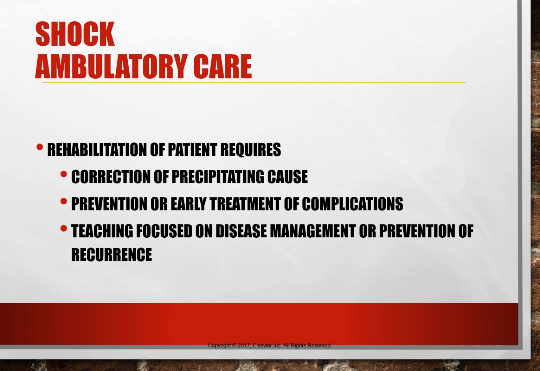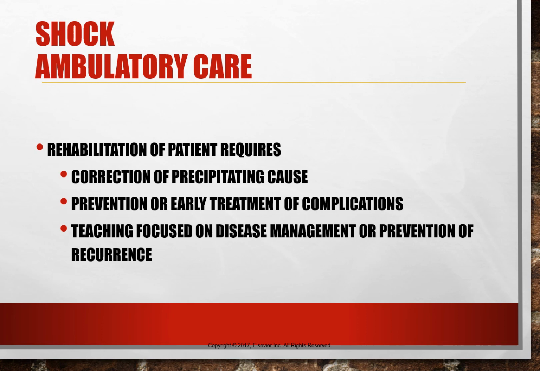So we talked about identifying the cause of the shock. So it's really important that we correct the precipitating cause. So if it's neurogenic shock, they're going to give the steroids. They're going to provide support while they're recovering from that. Hypovolemic, we're replacing that fluid.